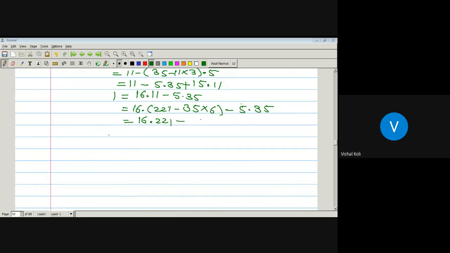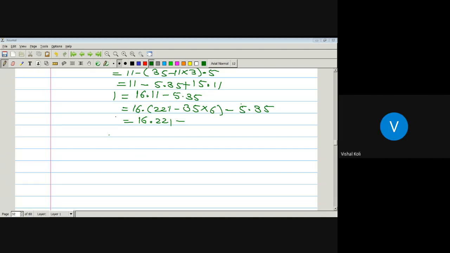minus 6 into 16 will be... Minus 11 into 35.